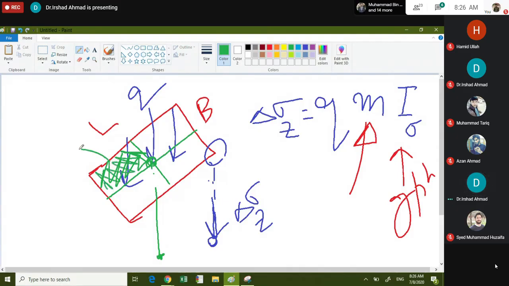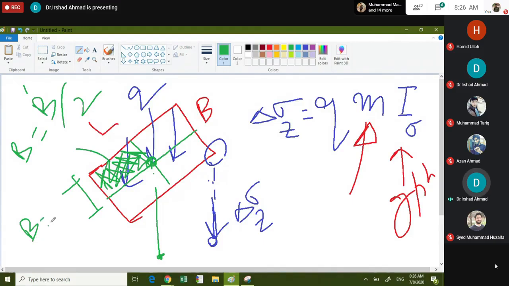Here, now B prime would be equal to B by 2, and L prime would be equal to L by 2, right?